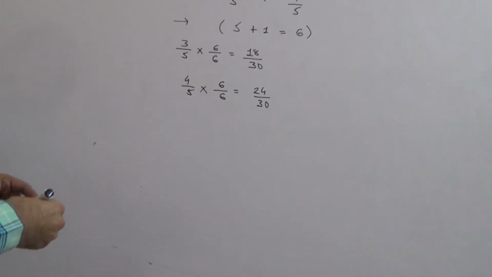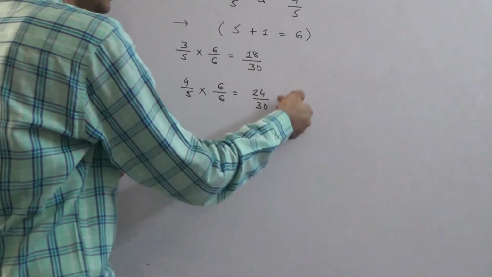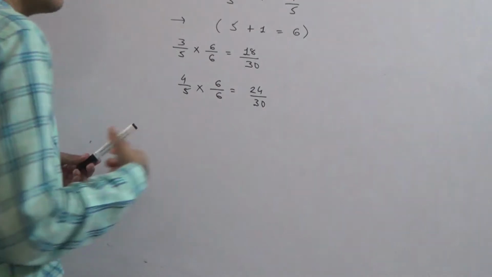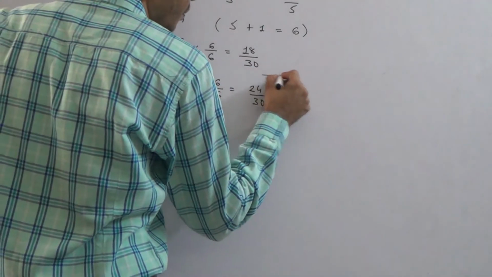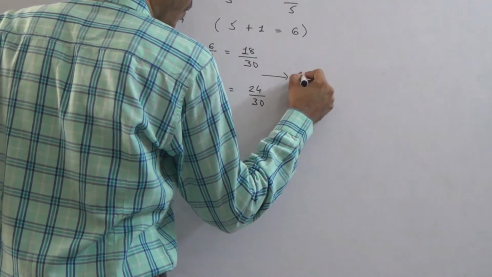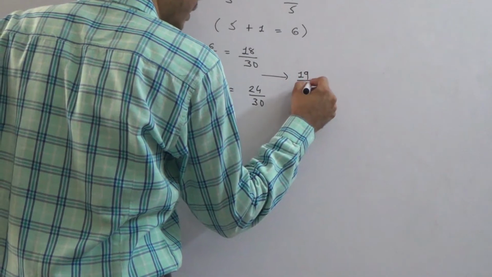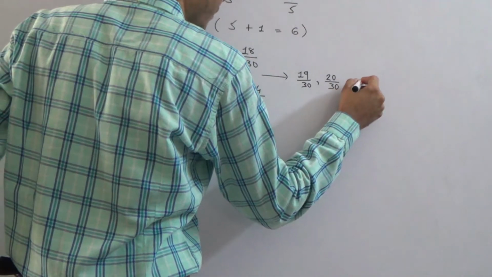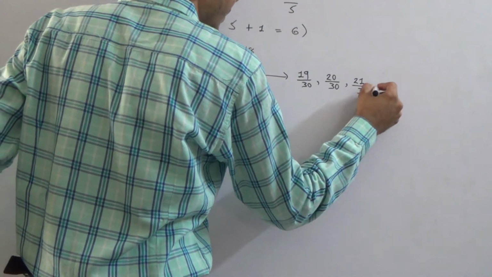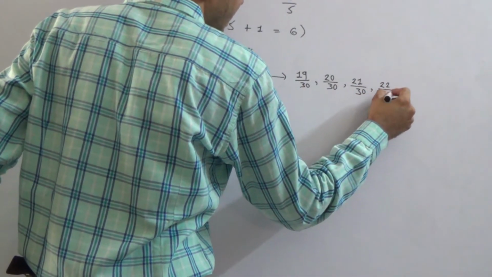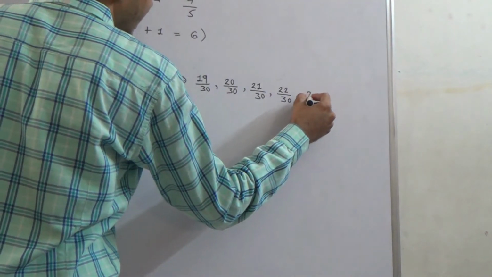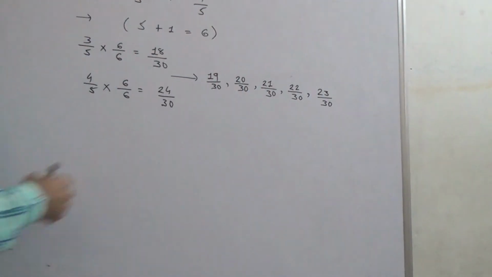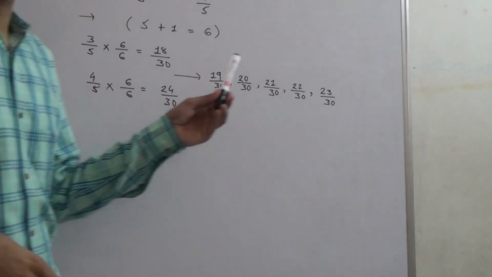So between both the numbers 18 upon 30 and 24 upon 30, what came here? 19 upon 30, 20 upon 30, 21 upon 30, 22 upon 30 and 23 upon 30. And what is being asked in our question?